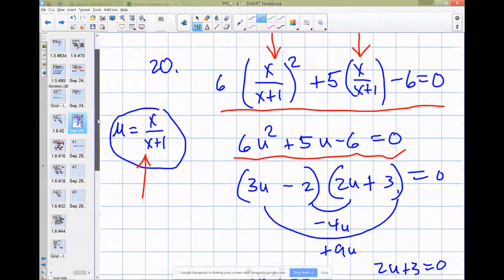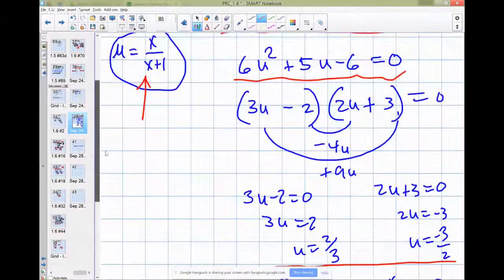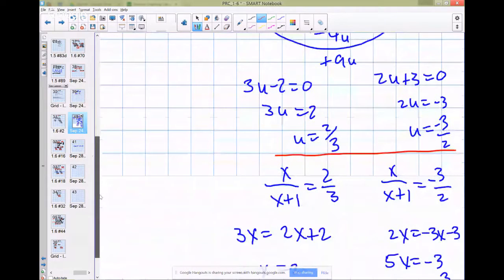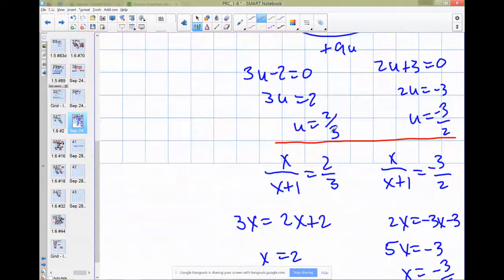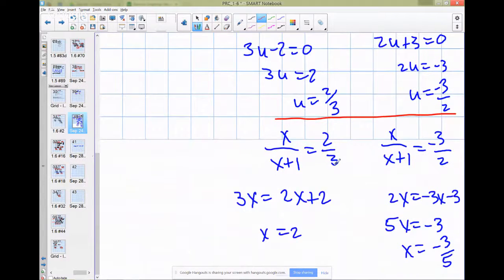What in the world is this u? So anyway, I have to now back substitute. I had the substitution in the top left corner here. For every u, I've got to put an x over x plus 1 back in. And that's what I do right here. Instead of u equals 2/3, x over x plus 1 equals 2/3. And instead of u equals -3/2, it's x over x plus 1 equals negative 3/2. Because these are both fractions, I can cross multiply.